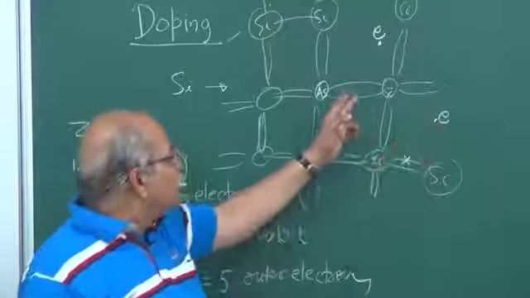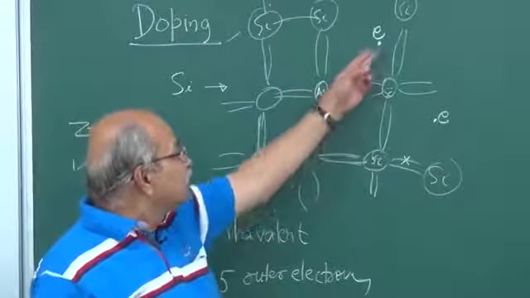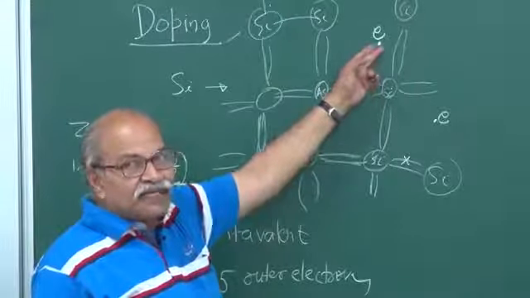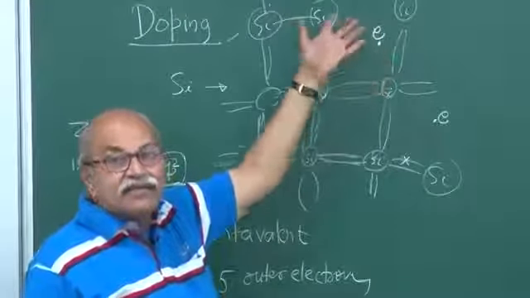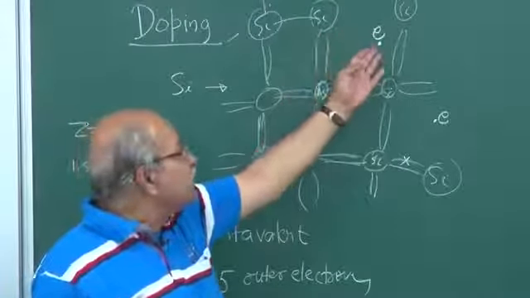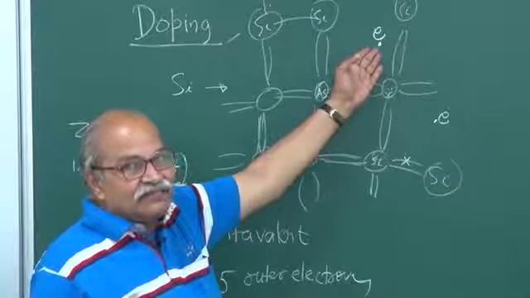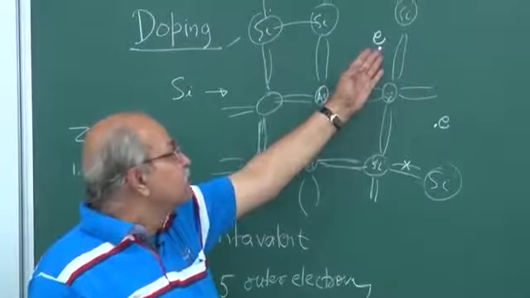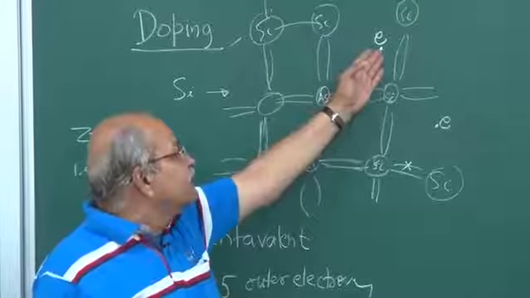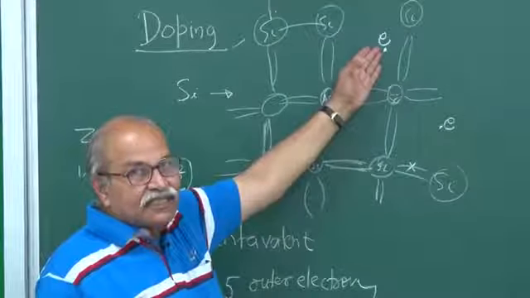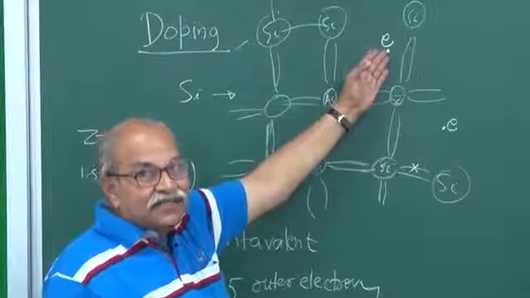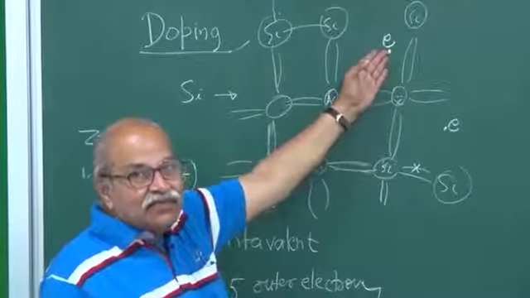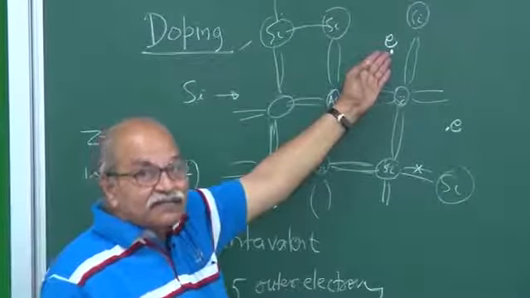Here the bond is not broken, but there is an extra electron, and that extra electron is outside these bonds. Now this is a new energy level. The energy levels which are created, in which these electrons are there to start with, are different energy levels which we call impurity energy levels.